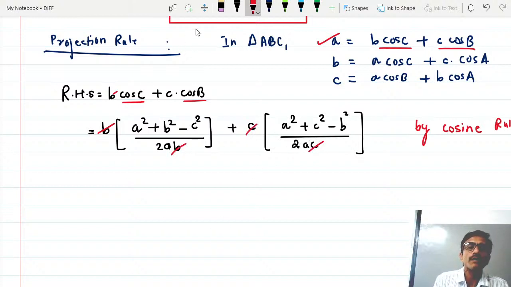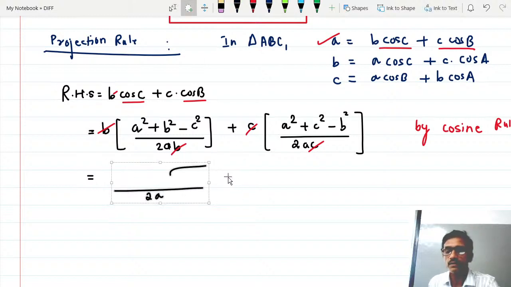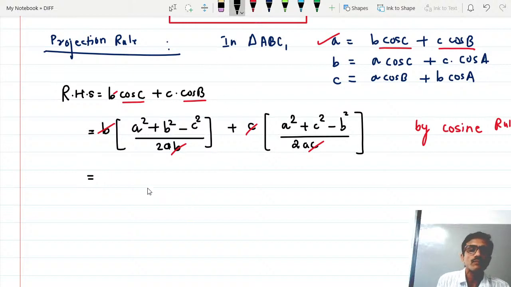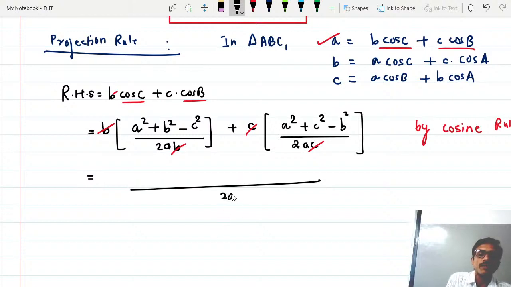Then 2a is left in the denominator. The numerator is a square plus b square minus c square plus a square plus c square minus b square.